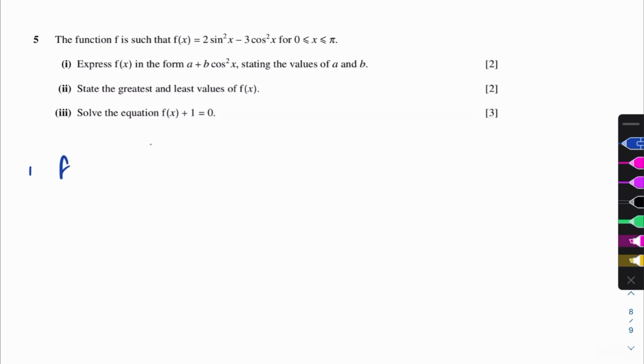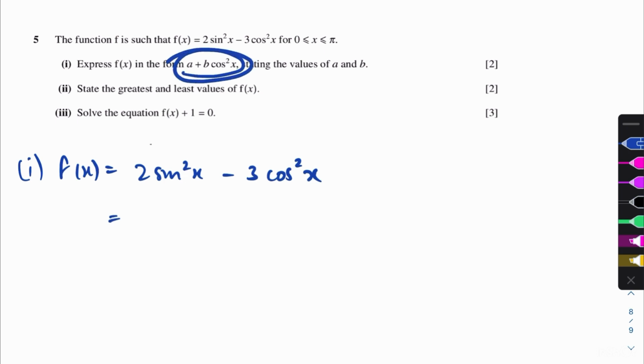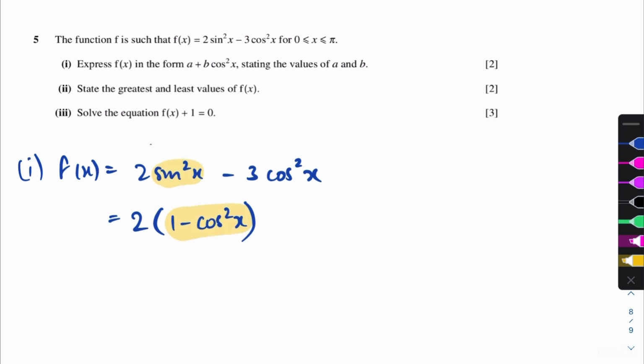Okay, so part 1, f(x) equals 2 sine squared x minus 3 cos squared x, which is equal to, so we can see that in this we don't have any sine squared, so that means that they're probably converting this into a cos squared form. So that's going to be 2 times (1 minus cos squared x), because sine squared is equivalent to 1 minus cos squared from that formula that I showed you earlier.